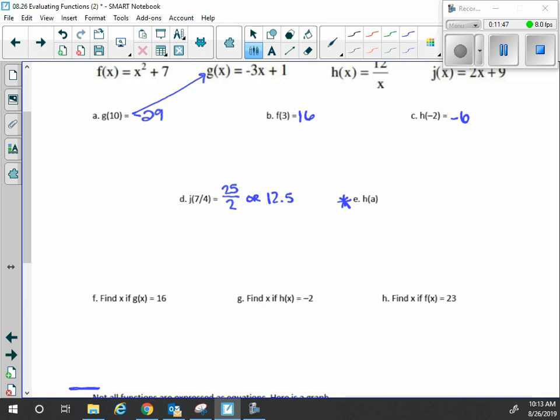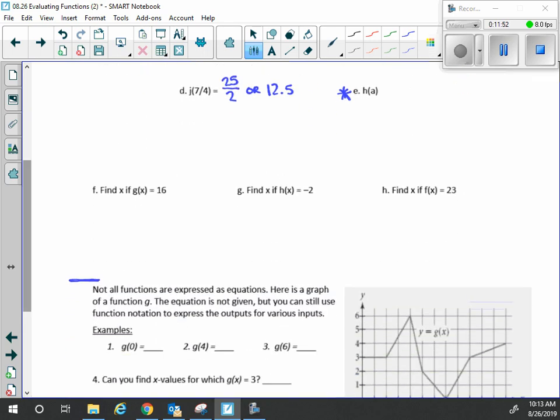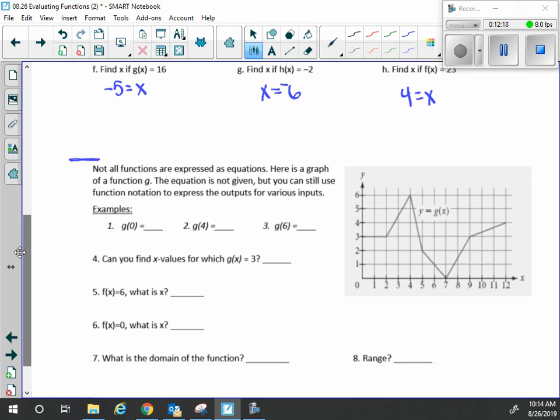Please don't write it as a mixed number. Mixed numbers are not my friend. Okay, letter F. Find x. If g of x equals 16, what's x? Very good. Find x. If h of x equals negative 2. Negative 6. And find x if f of x equals 23. 4. Good.